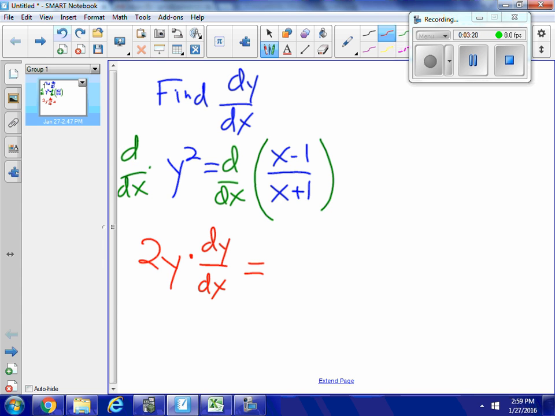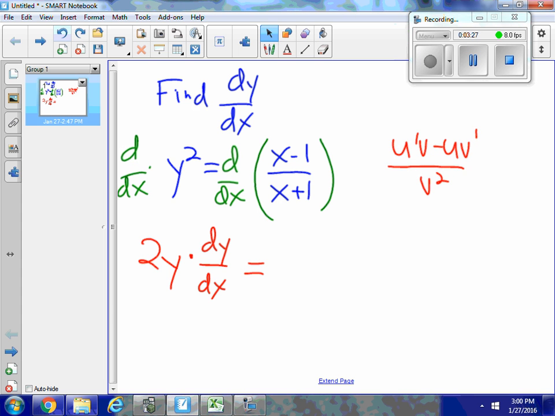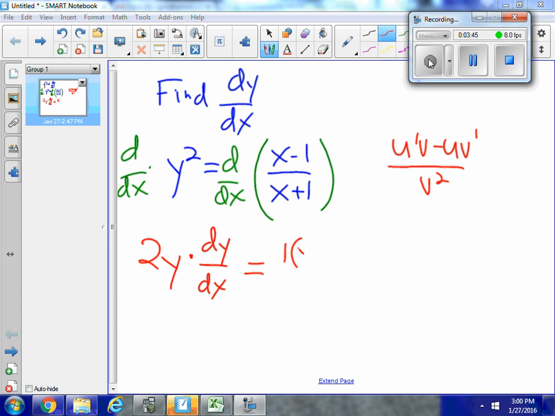That equals, well, on this side I'm going to be using the quotient rule, which is u prime v minus u v prime over v squared. I'm just finding the derivative like I would normally. The derivative of my numerator u is simply 1, and I multiply that times v, which is x plus 1.